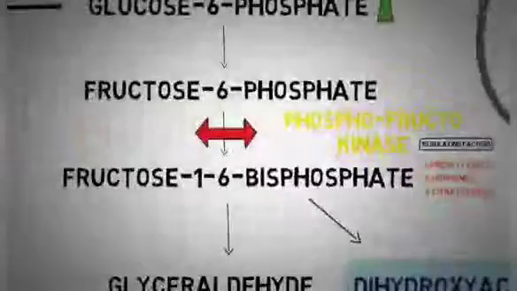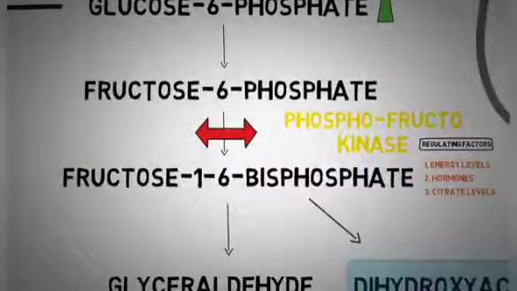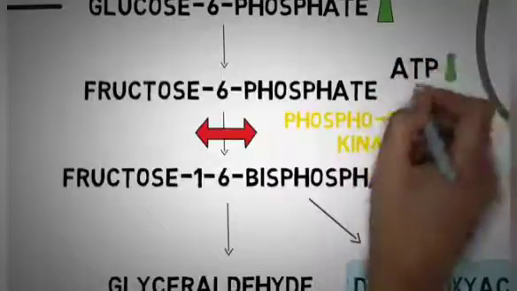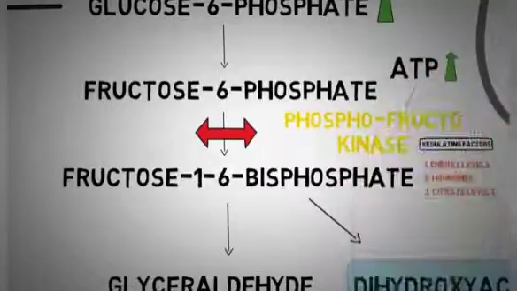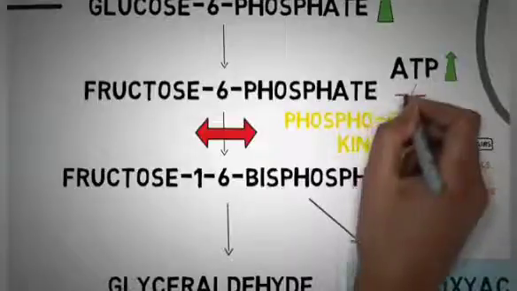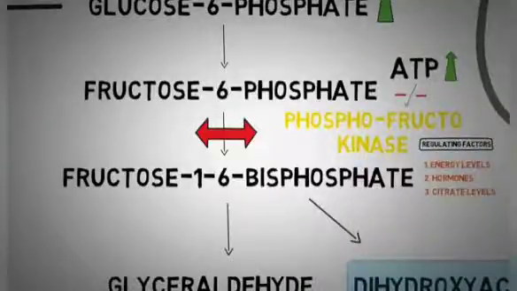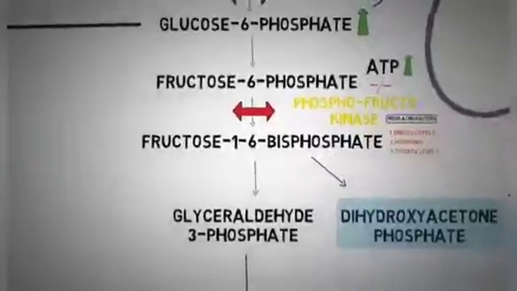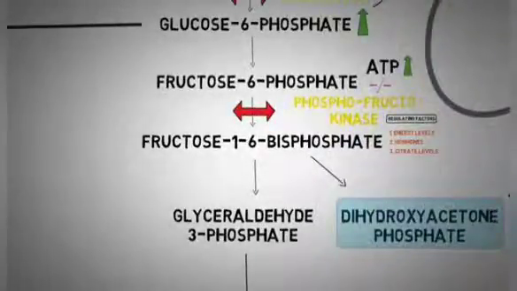We have discussed how the levels of ATP affect the function of phosphofructokinase earlier in this video. An increase in the level of ATP of the cell decreases the activity of the enzyme phosphofructokinase, and thus decreases the overall rate of glycolysis.